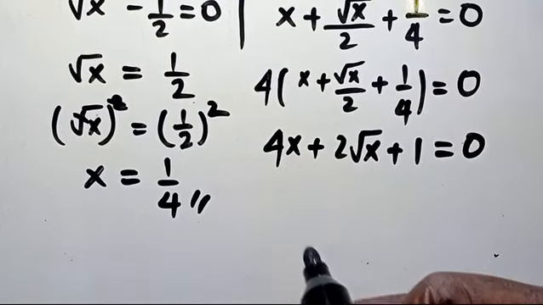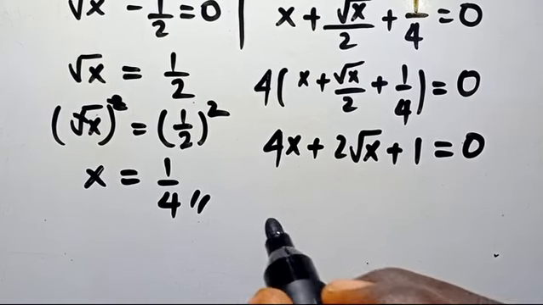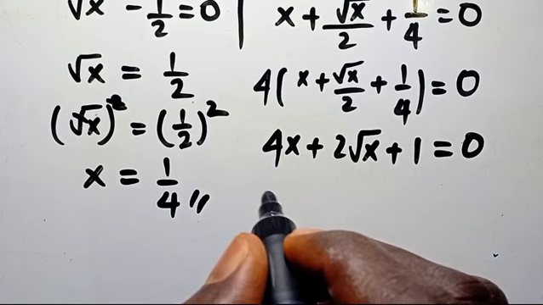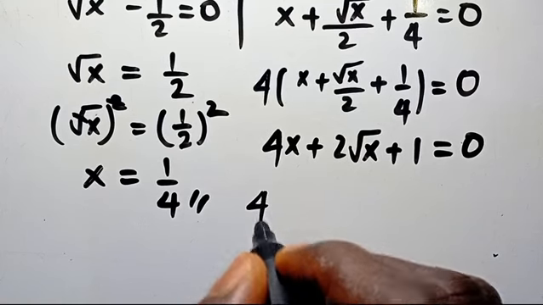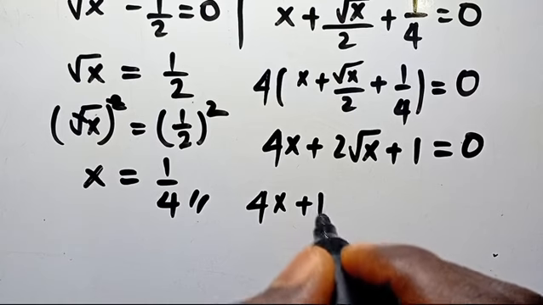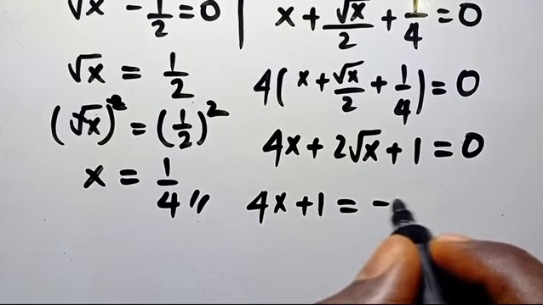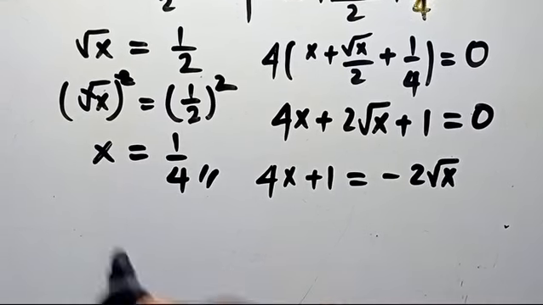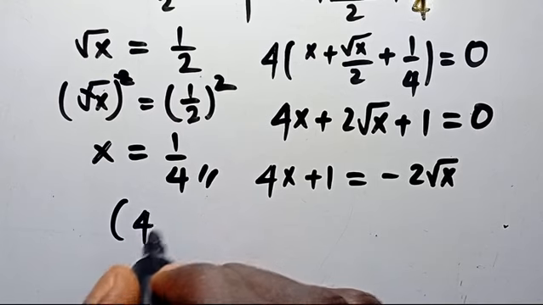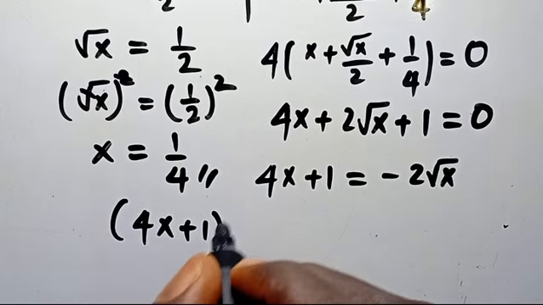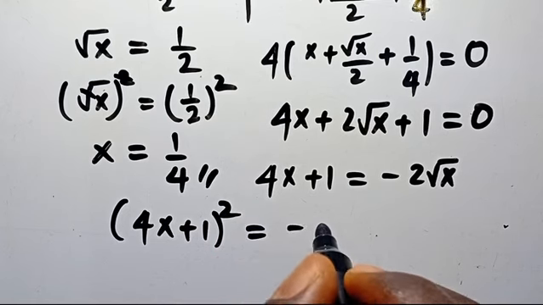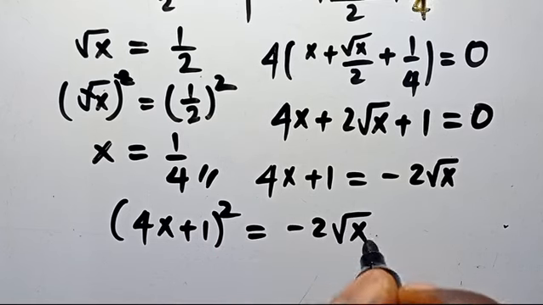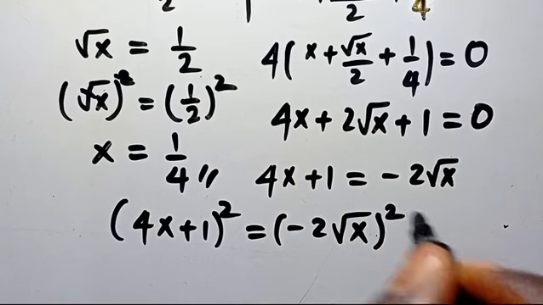So from here, we have 4x plus 1 equals minus 2 multiplied by root x. Square both sides, so here will be (4x plus 1) square equals (minus 2 multiplied by root x) square.